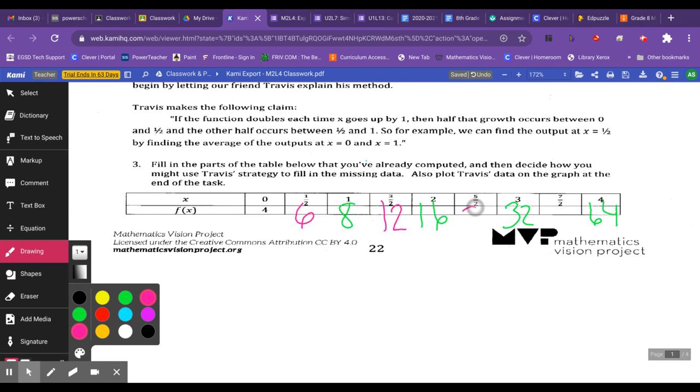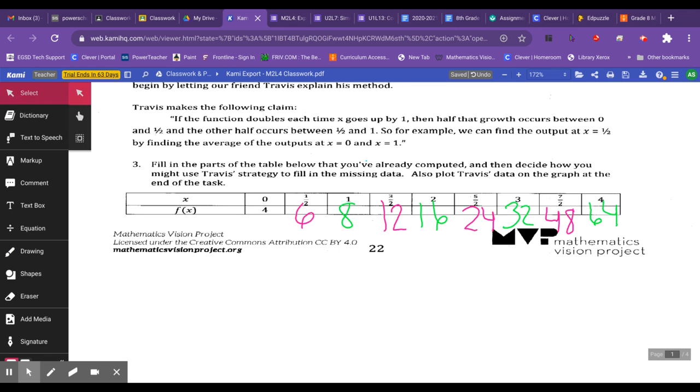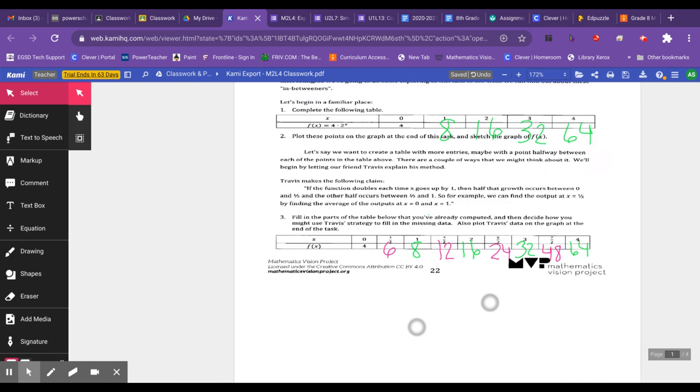Halfway between that is 8, so that puts us at 24. And these two, 3 and 4, are 32 apart. Half of that is 16, so 32 plus 16 is 48. So that's what Travis says we need to do.